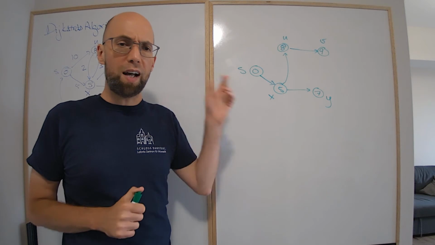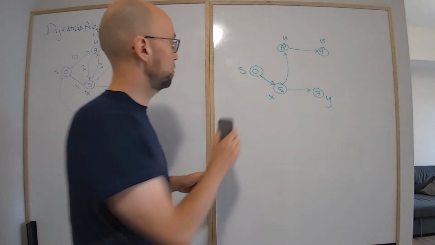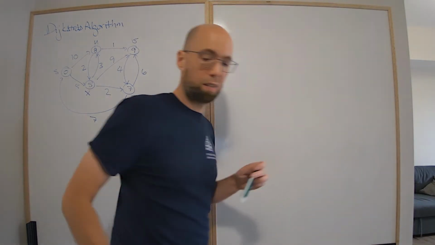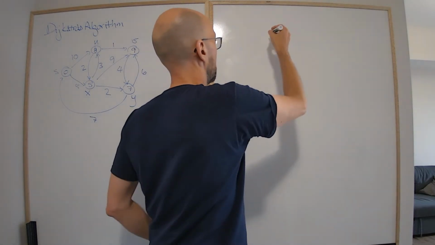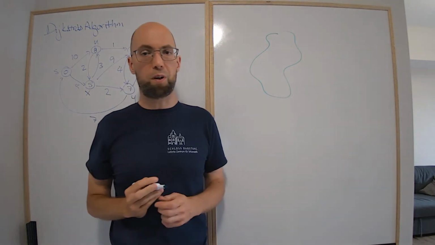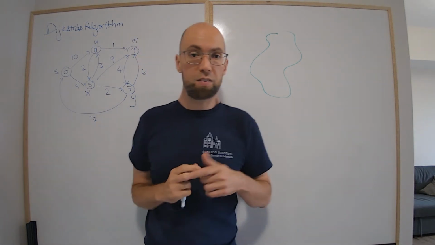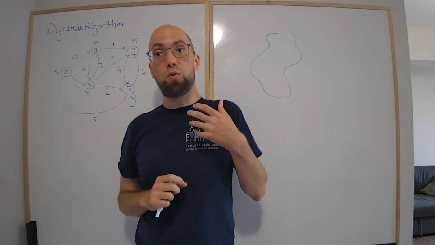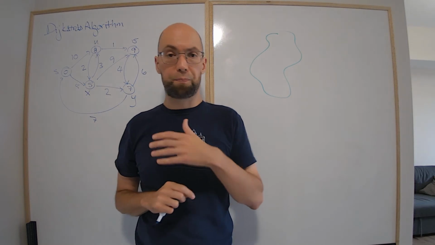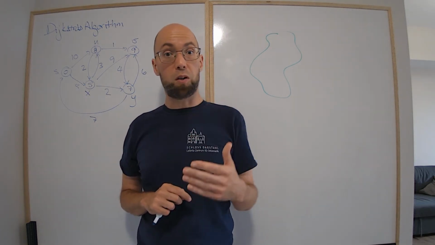So why is this correct? Let's do this the proper way. This is a greedy algorithm. At each step, we're taking the vertex that we can reach in one step from our current tree, whose distance is smallest.